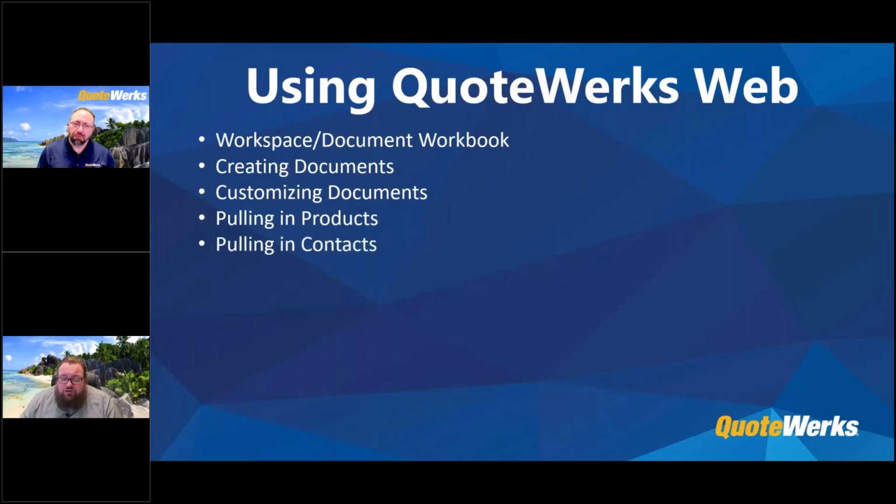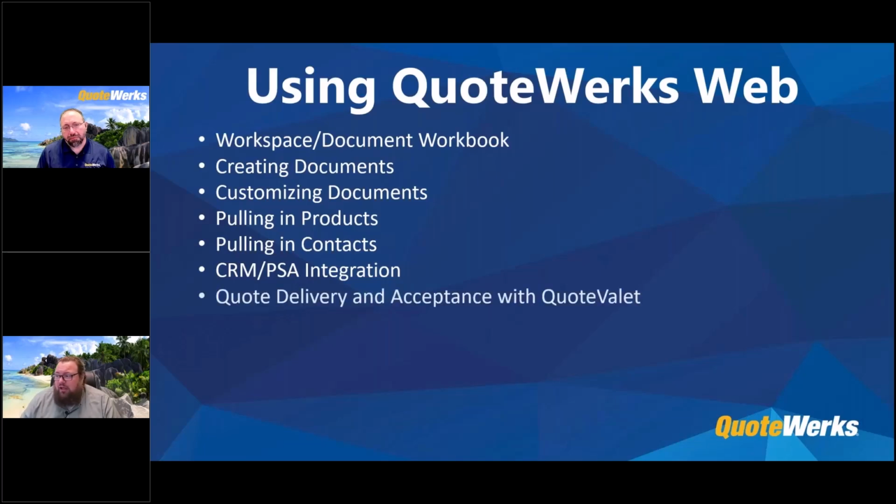In this case, we're going to show you how we can pull in contacts and actually create a contact in ConnectWise, our CRM or PSA integrations more generally, how we can create opportunities to do tasks from those CRM integrations. We'll also take a look at quote delivery and acceptance with QuoteValet, and creating POs and exporting to QuickBooks.